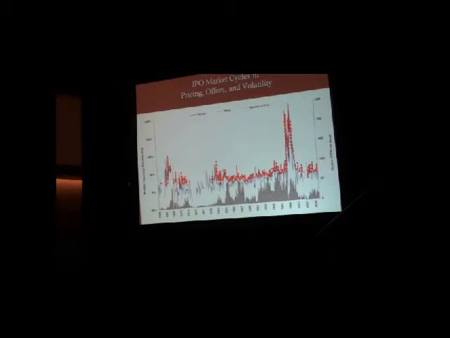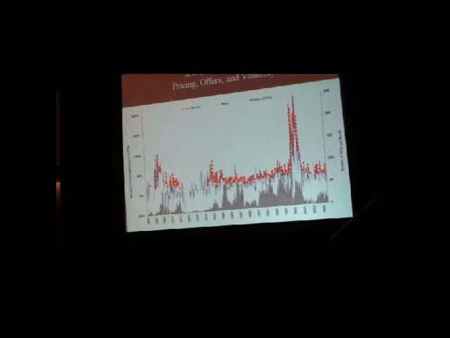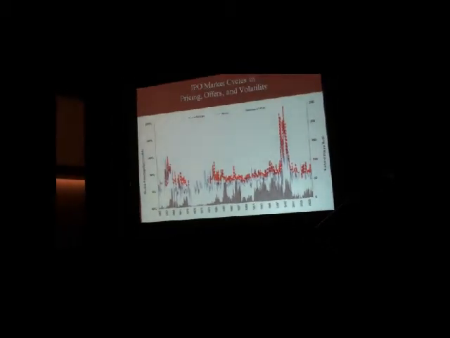So what do you get from this? This graph basically tells the story that there have been hot and cold IPO markets. And hot and cold IPO markets basically can be described as lots of deals, lots of underpricing, lots of volatility. And those three things go together. So there's clearly a time series component to this problem too.